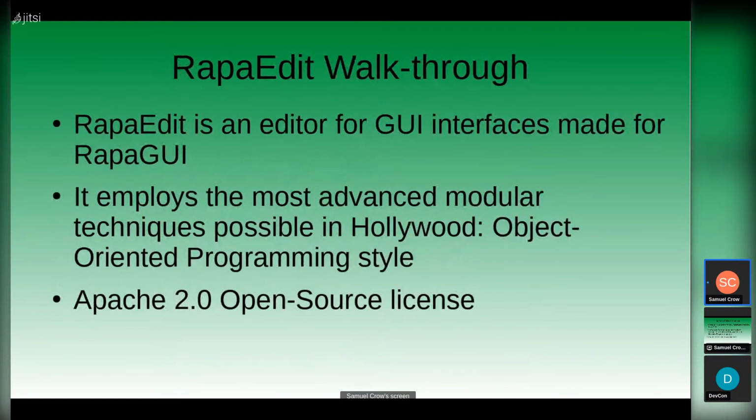The RappaEdit GUI builder I wrote for RappaGUI was written to demonstrate advanced object-oriented techniques on Hollywood. Its modularity helps programmers work independently on different parts of the code. Since it's under the Apache 2.0 license, anyone is welcome to join in the development team. Hint, hint, plug, plug.